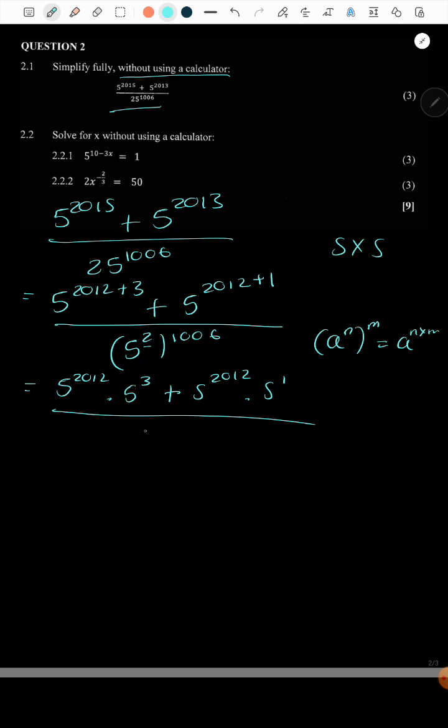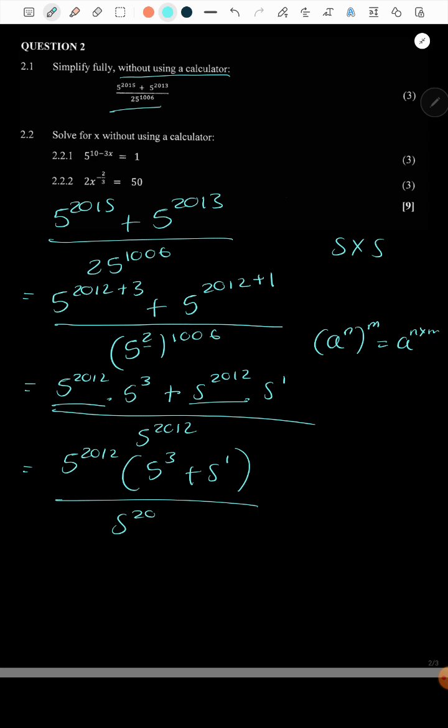So we are going to have 5 to the power 2012. And then what do we see from our numerator? We see 5 to the power 2012 and 5 to the power 2012, meaning that we can factor those out as 5 to the power 2012 times (5 to the power 3 plus 5 to the power 1), divided by 5 to the power 2012.